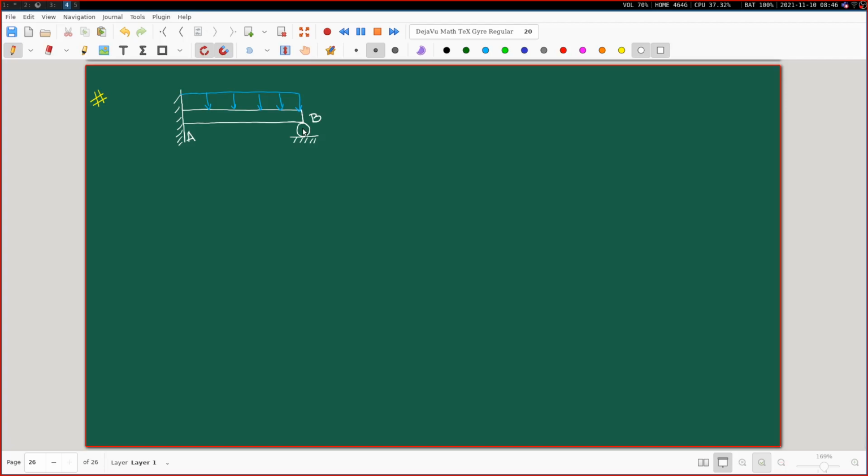Now, if you just consider this entire problem again, where I have just removed this roller support, then I am left with this reaction force. Let's call this RB.